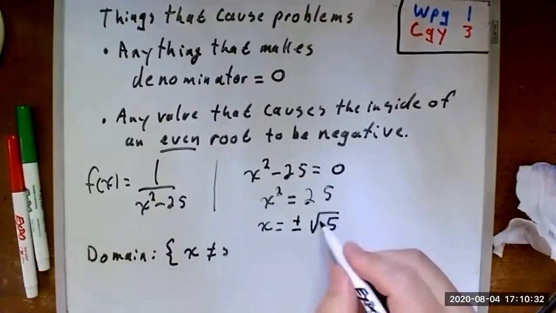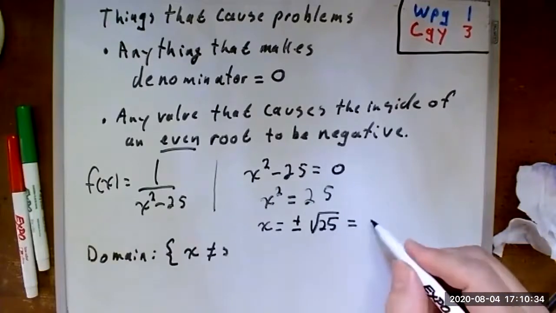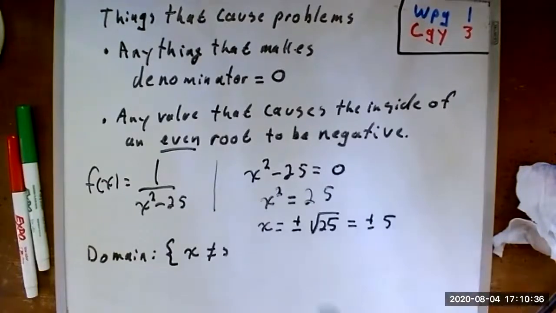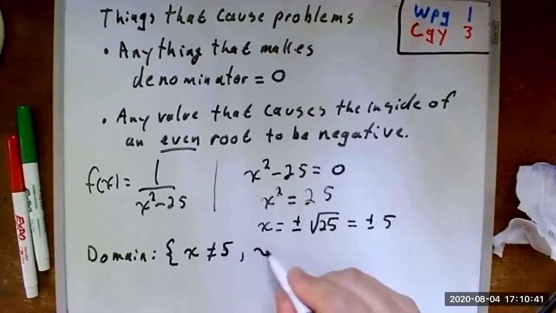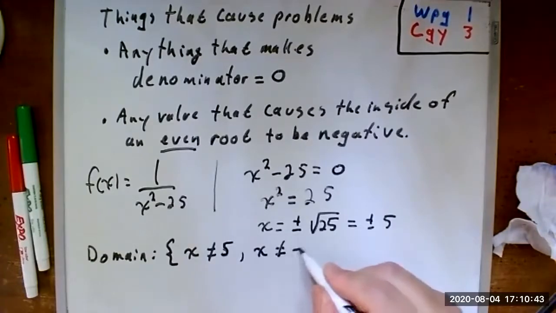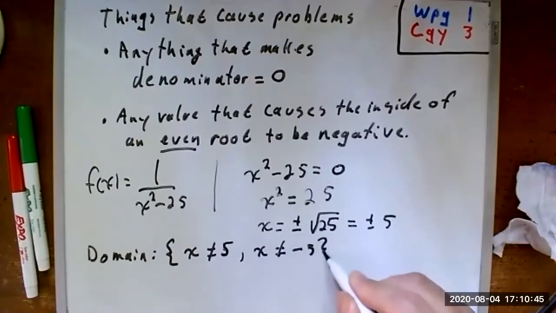Which means for my domain, I'm looking for x to not be equal to the square root of 25. Let's get that right, so plus or minus 5. So I'm looking for any place where x is not equal to 5 and where x is not equal to negative 5.